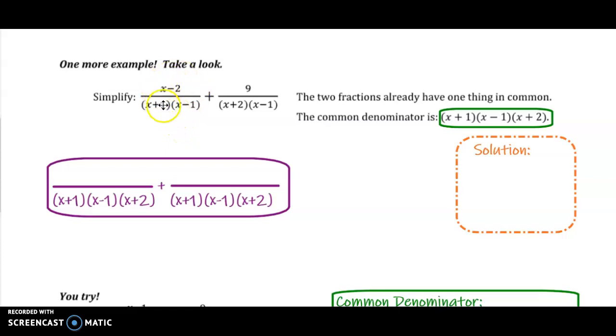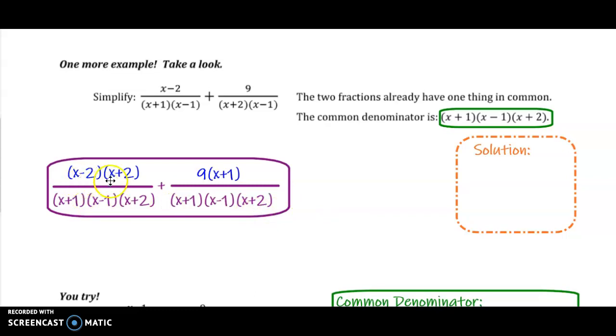For the first fraction, the only thing missing from my common denominator is the x plus 2. So I'm going to multiply the numerator and the denominator by x plus 2. So I'm going to multiply my x minus 2 that was there times x plus 2. For the second fraction, the only thing missing was the x plus 1. So I'm going to multiply the numerator times x plus 1.